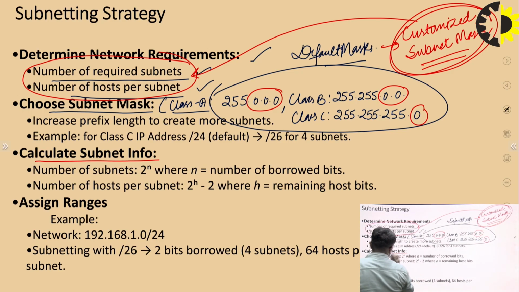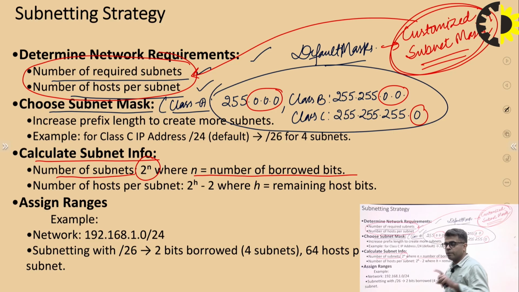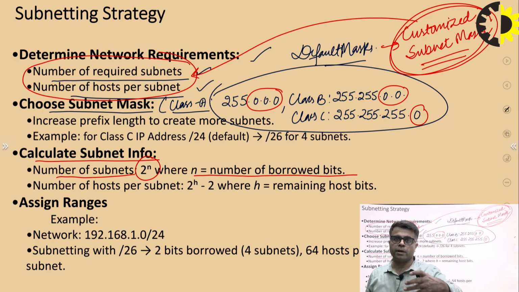Then calculating the subnet info. Let's say we decide that to create that many subnetworks, I need to borrow n bits from the host part. If I borrow n bits from the host part, I can create 2 raised to power n subnetworks, where n is the number of borrowed bits.